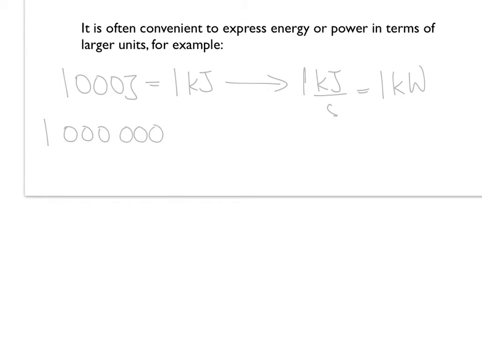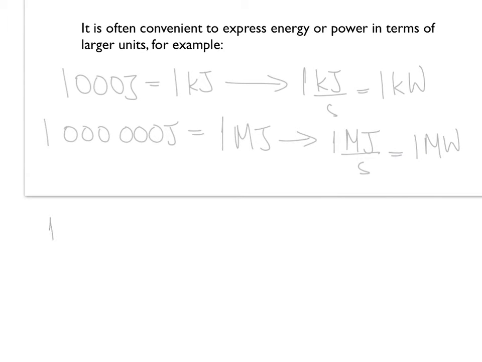Now let's look at 1,000,000 joules, and we know 1,000,000 is mega, so it'd be 1 megajoule. And in terms of power, 1 megajoule per second is equal to 1 megawatt.